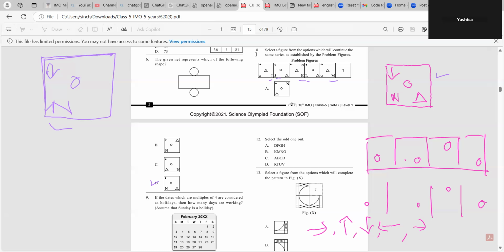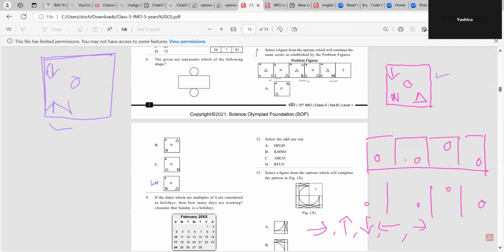Now there is again a series of triangle, circle, triangle, circle. But it is the opposite of what is in the middle.